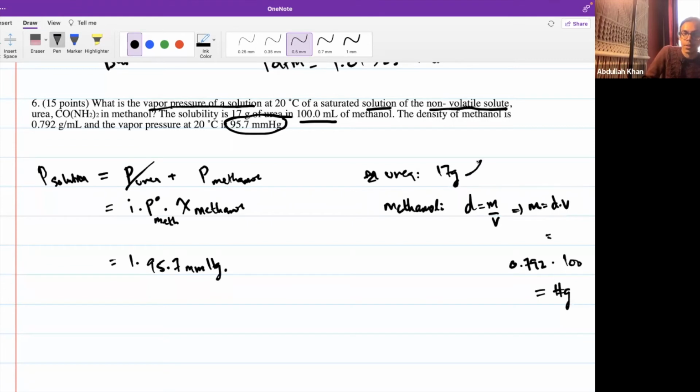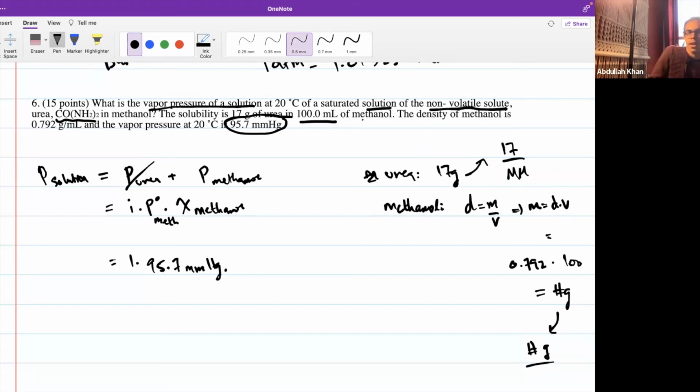And now you want to convert them into their respective moles. So you can do the mole fraction thing. Divide 17 by the molar mass of urea, which I don't know what it is, but there you have the chemical formula. Same thing down here. Whatever grams you get, divide that by the molar mass of methanol.